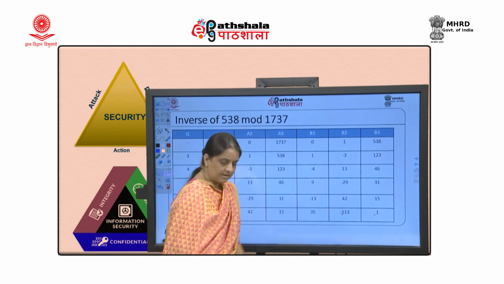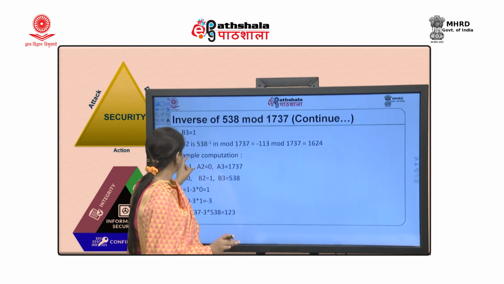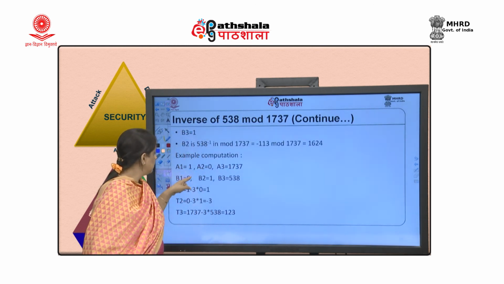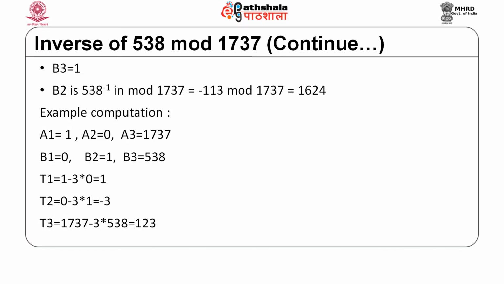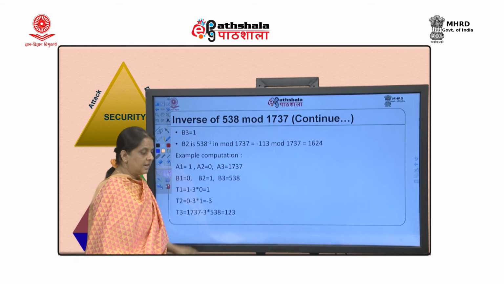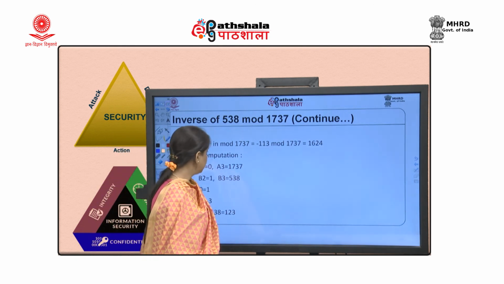Once again we have got a negative number, and you all know how to convert it to a positive number. So, B2 minus 113 mod 1737, if you convert it to a positive number, comes out to be 1624. This is a sample computation, only the first step is shown. The rest of the computation you can do by yourself and verify the result.